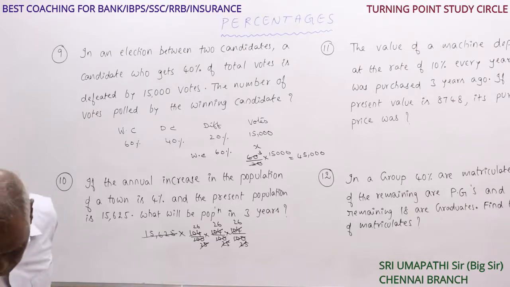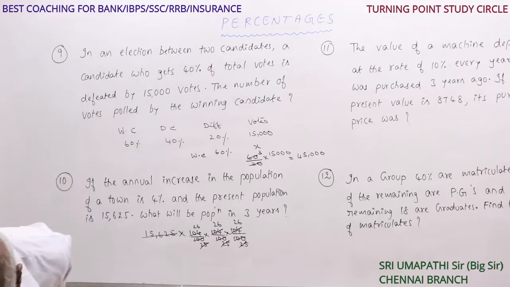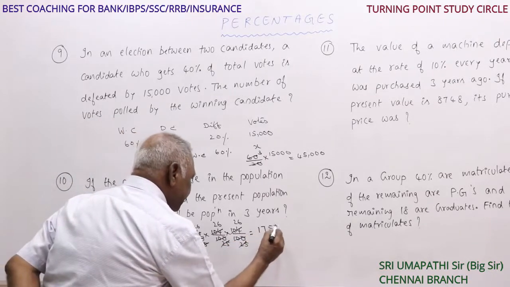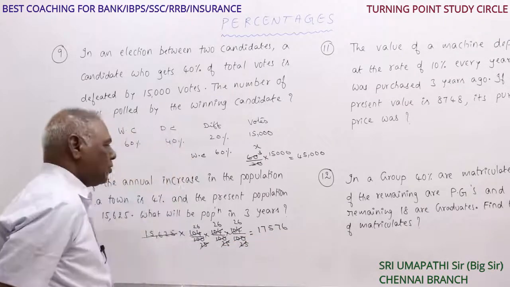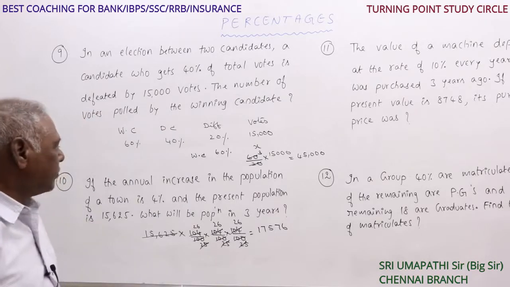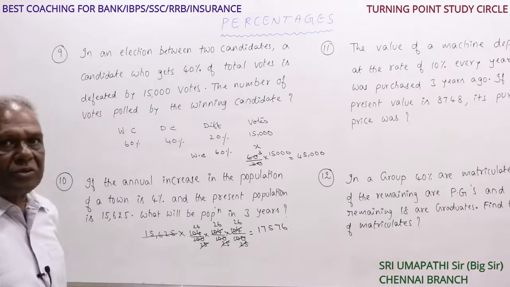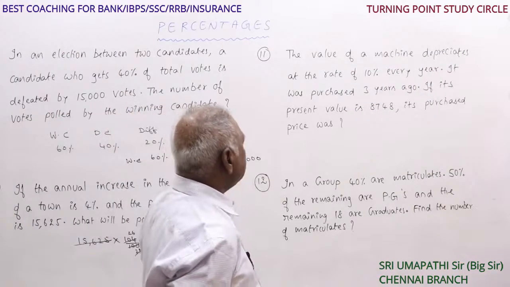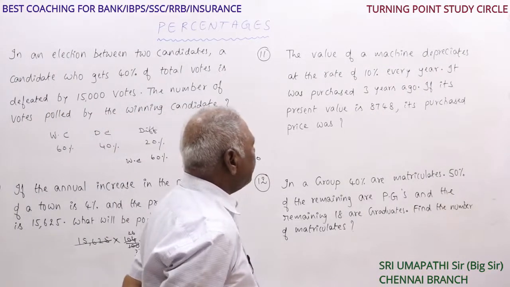So it is equal to 26 cubed, which is equal to 17,576. So the population after 3 years would be 17,576.